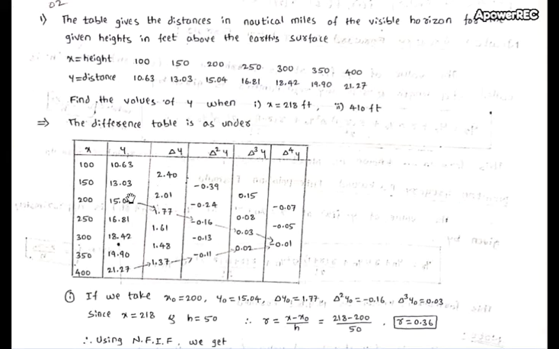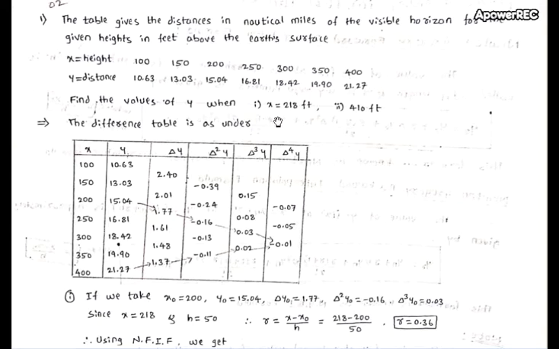So subtract 13.03 minus 10.63, which gives 2.40. Then subtract 15.04 minus 13.03 and write it in between these two values, which is 2.01. Continue the same process here, so finally we'll get these values.